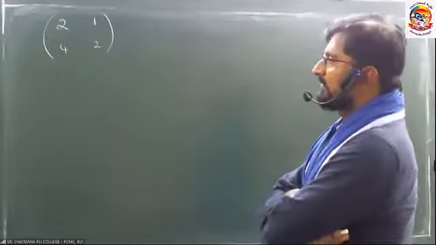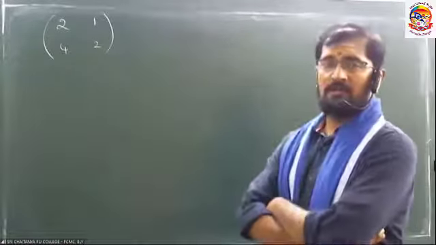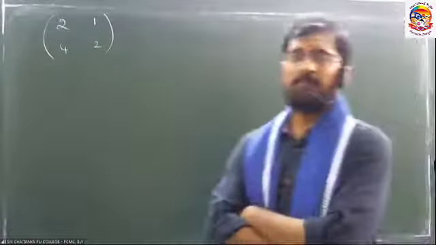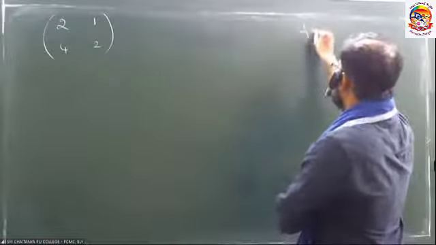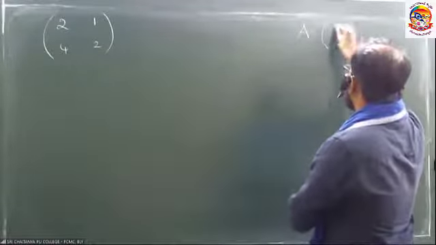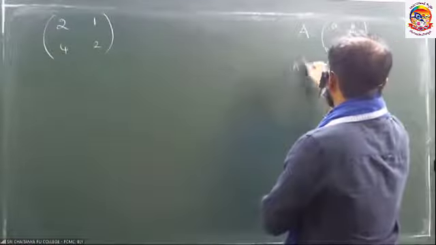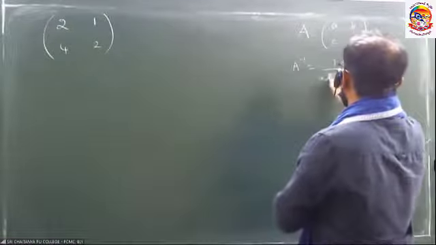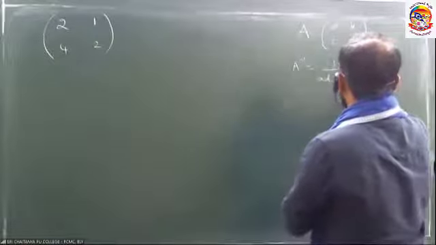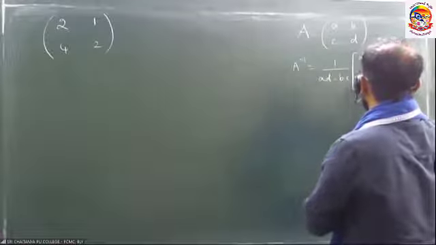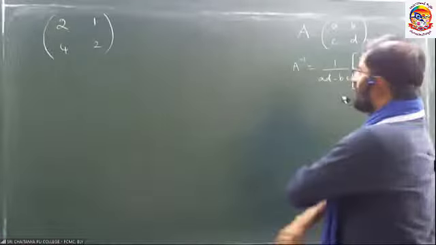Yesterday I gave you one shortcut to find the inverse of a matrix. Capital A is equal to [[a, b], [c, d]]. Then A inverse can be written as 1 by (ad minus bc) into [[d, minus b], [minus c, a]]. Am I right?